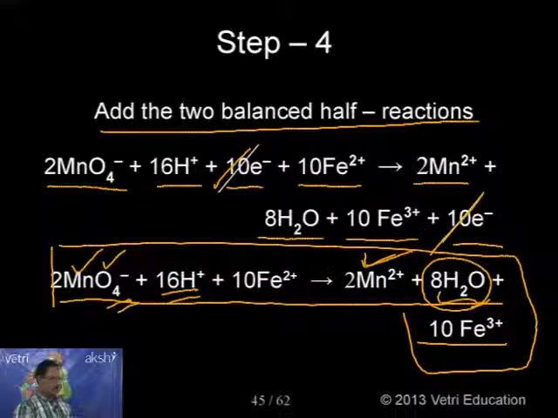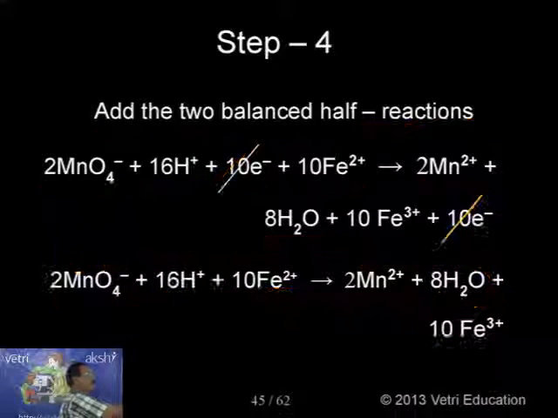So hydrogen is also balanced. And finally, coming to the iron atom. Left side 10 Fe, right side is also 10 Fe. So all the atoms are balanced. Coming to the charges, if you count the total number of charges on both sides, again it will automatically be balanced.